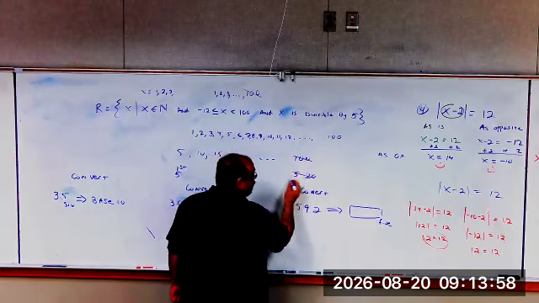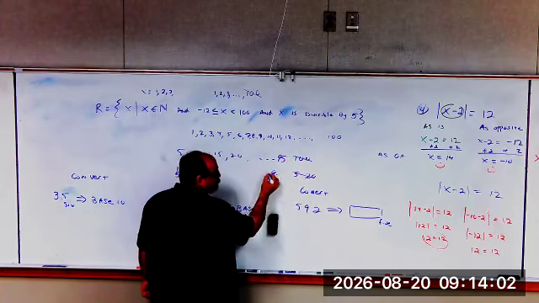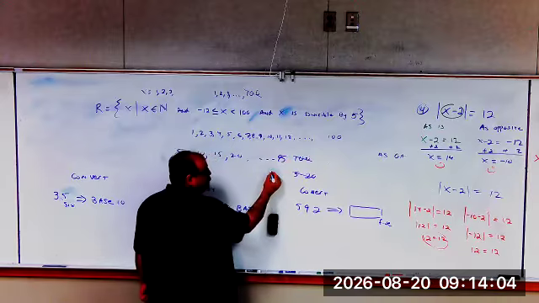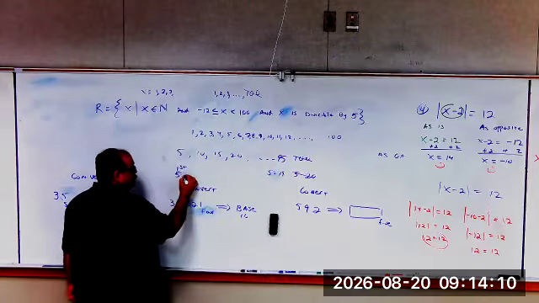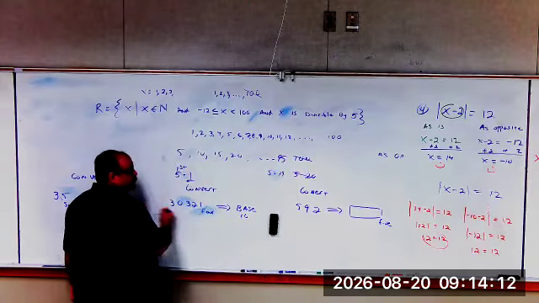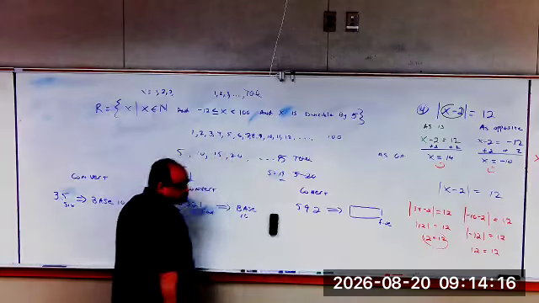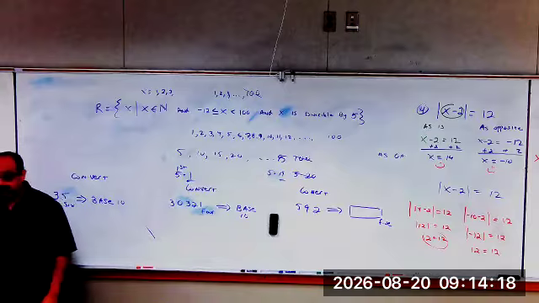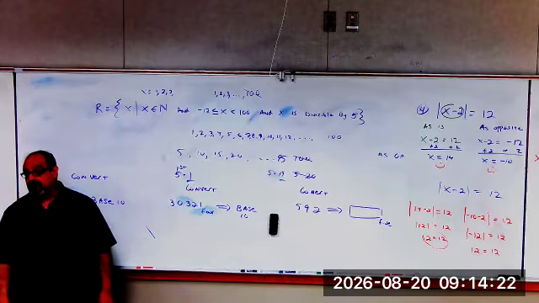So we don't want 5 times 20, so we actually would stop at 95, which would be 5 times 19. So there would be 5 times 1 to 5 times 19. How many are there? 19 of them. So the cardinality of the set would be 19.